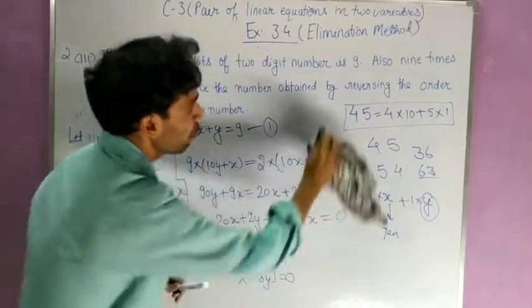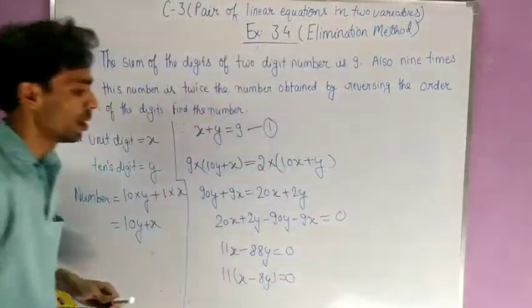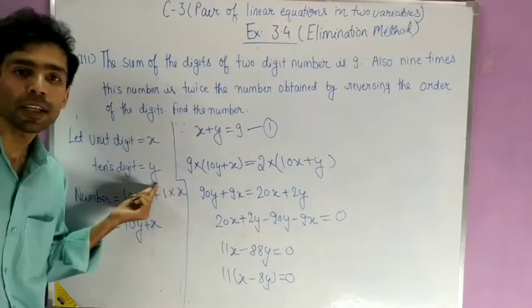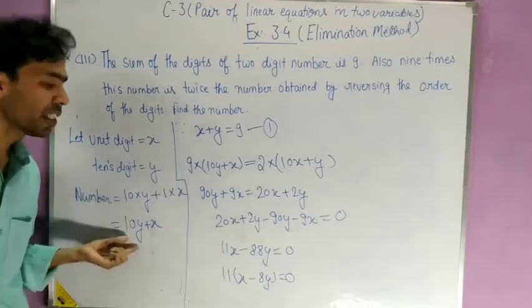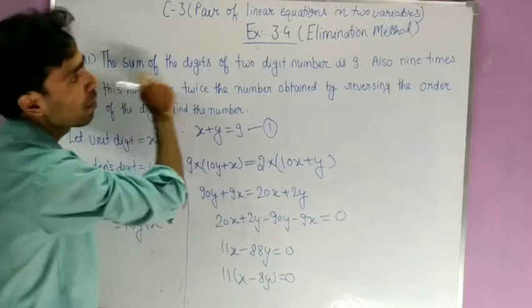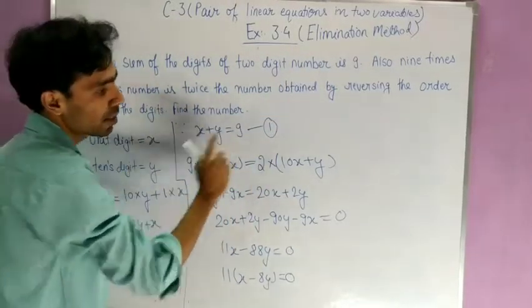Have you understood, students? See, first we considered the unit place, then the tens place, then according to the general form of a two-digit number, we wrote 10y plus x. After that, the question says the sum of the digits is 9. The digits were x and y, so their sum is 9.